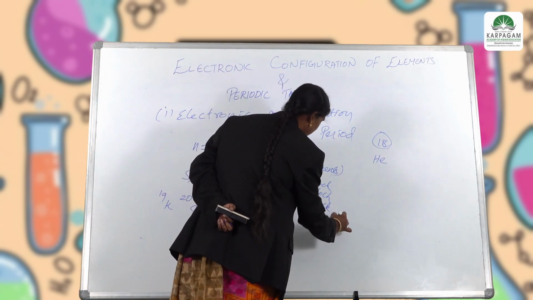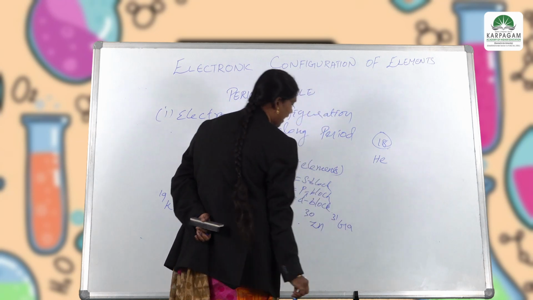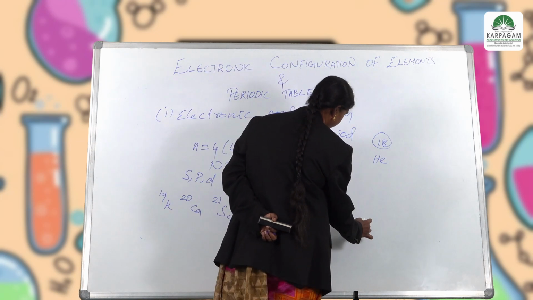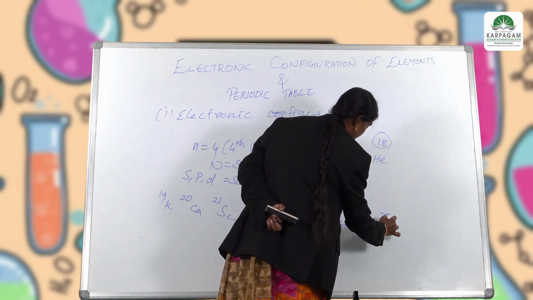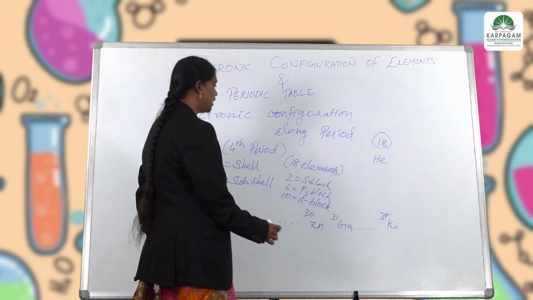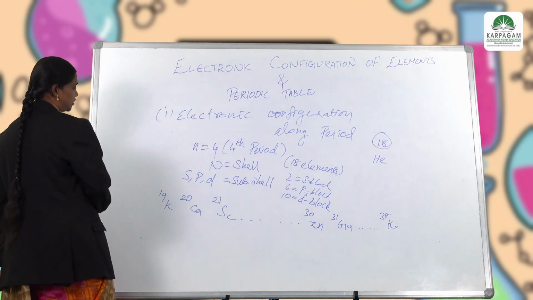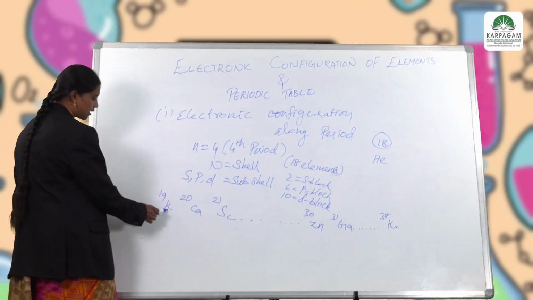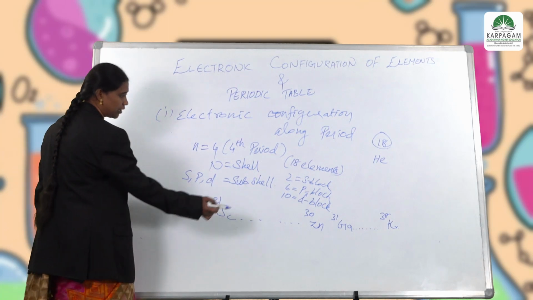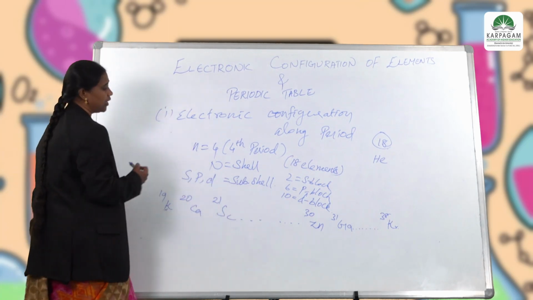The 31st, a p block element, is gallium, and up to krypton. These are the elements present in the fourth period. Potassium is the starting element and krypton is the ending element.